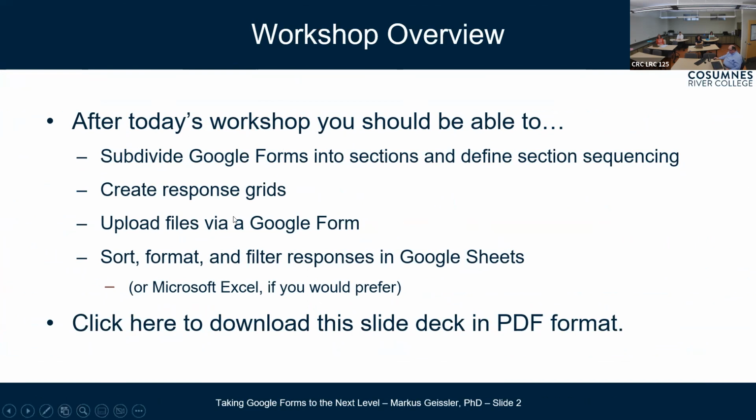We took a look at response grids, the multiple choice one, a couple of them you can play with. We took a look at how uploaded files are done. And then we also did some sorting, a little bit of formatting and filtering.